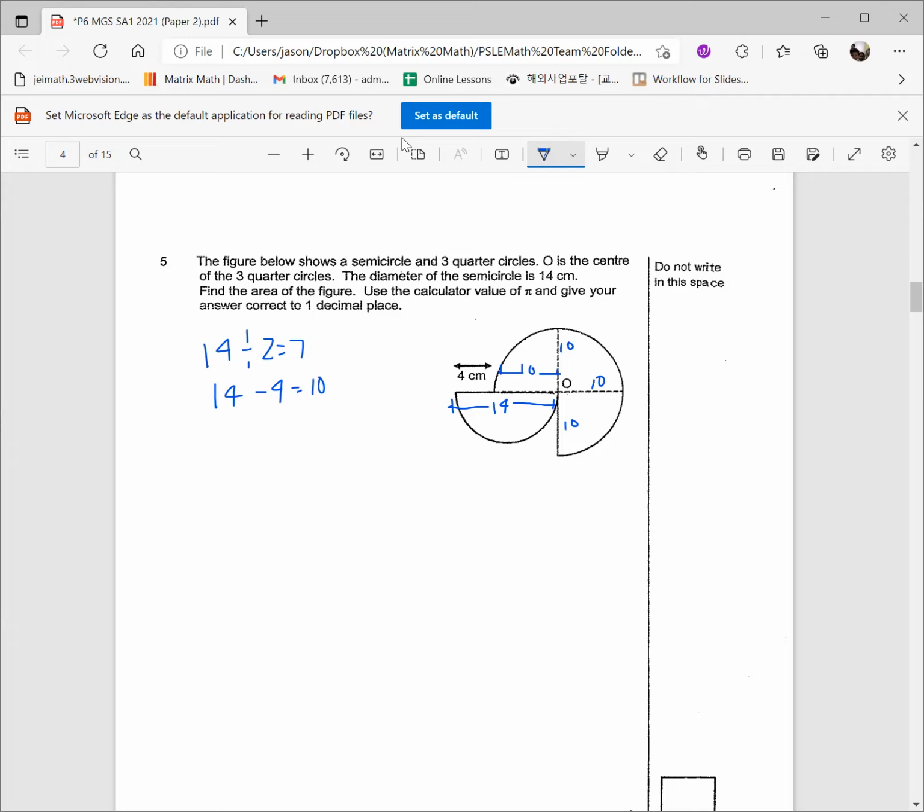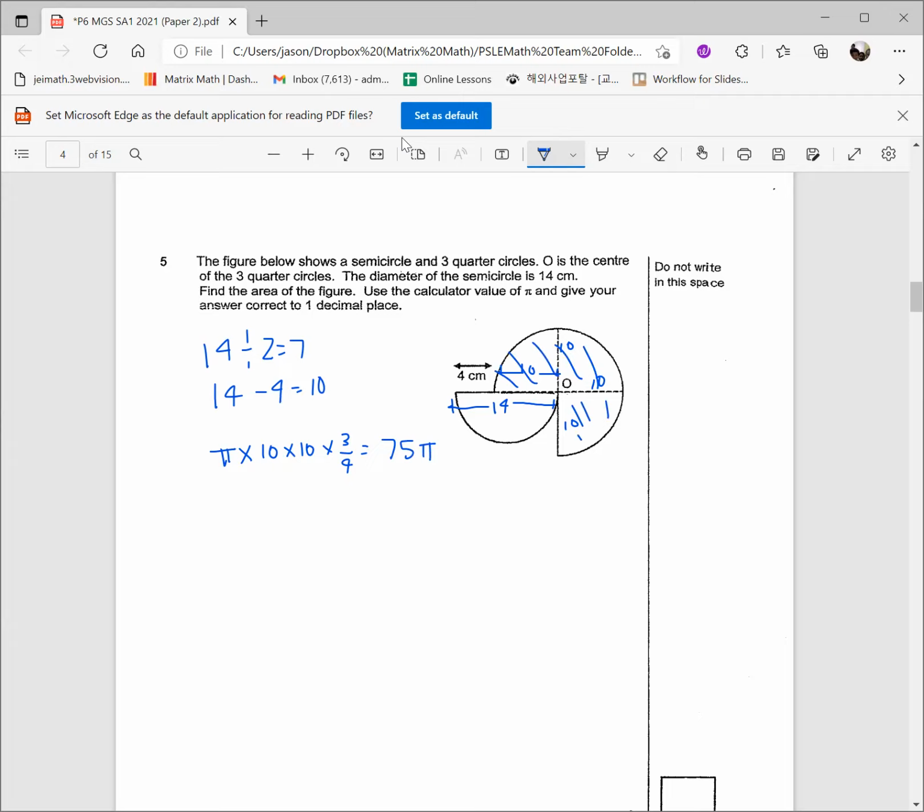So the area of the 3/4 circle will be pi times radius times radius times 3/4. That will give me 75 pi. All right, so that will give me this part. Now I need to find the area of the semicircle here.